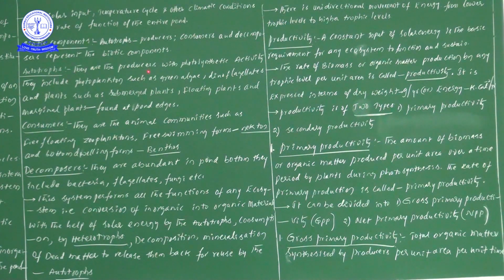Autotrophs are nothing but producers, and they have the capability to perform the process of photosynthesis.